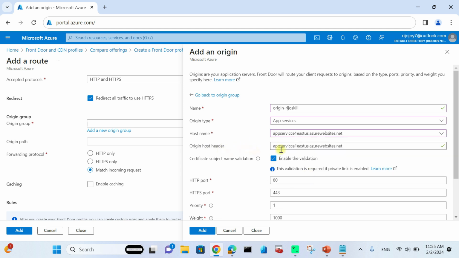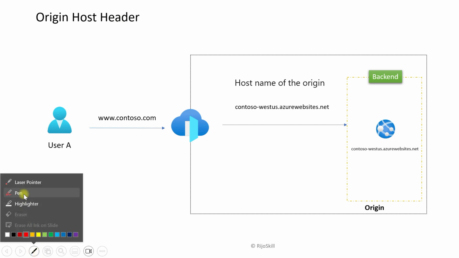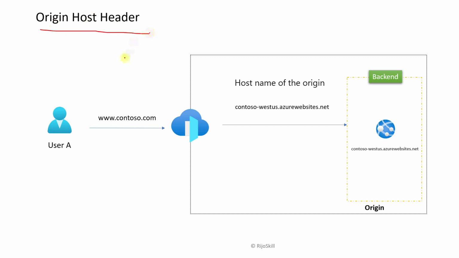The origin host header, I will explain in the diagram. Here you can see the origin host header. For example, user A needs to access www.console.com, but the host name of the origin is console.west.azurewebsites.net. So this is your origin host header.